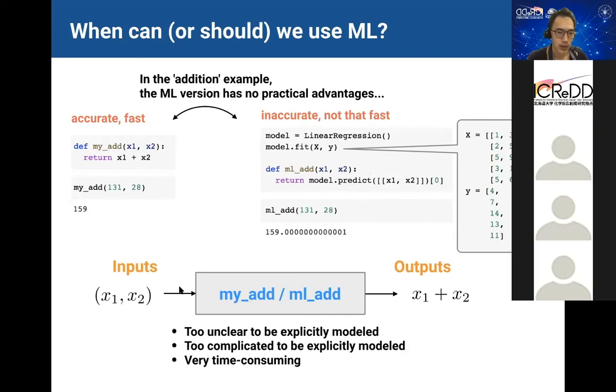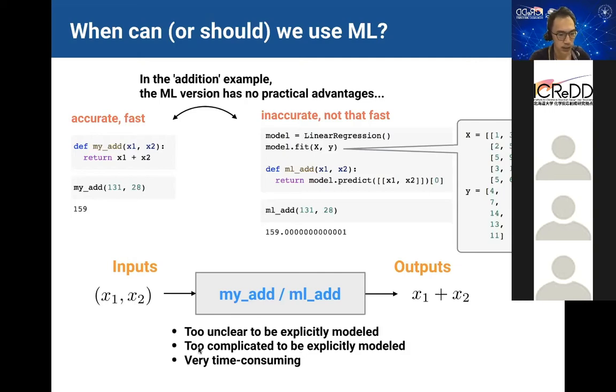So the first thing you should keep in mind is this part: machine learning tries to approximate the input-output relationship, probably something too unclear to be explicitly modeled, like a face recognizer, speech recognition, or image recognition. Or too complicated to be explicitly modeled. We know there is some rule, but it's very difficult to perfectly model everything because of too many subtle factors.